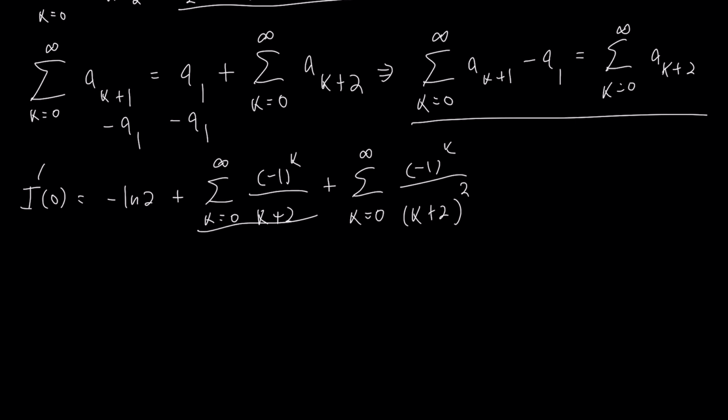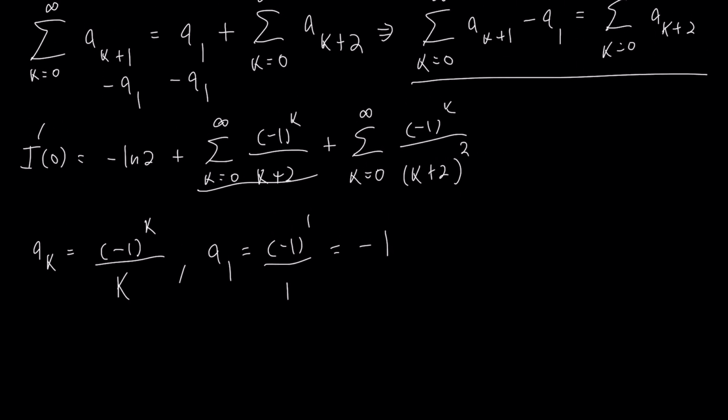So for this first one, we will consider a sub k equals -1 to the k divided by k. And notice that a1 will be -1 to the first power divided by 1, which is -1.